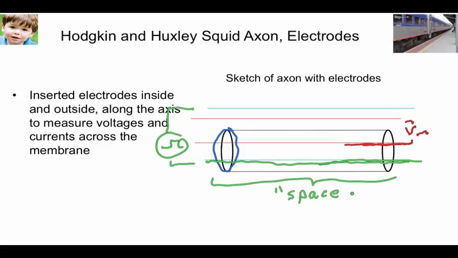I'll write that, space clamped. Which means there can be no variation as you move from place to place. It's all clamped together as far as sites. So any changes that they saw, since it was space clamped, had to be changes that were occurring somehow or other across the membrane.